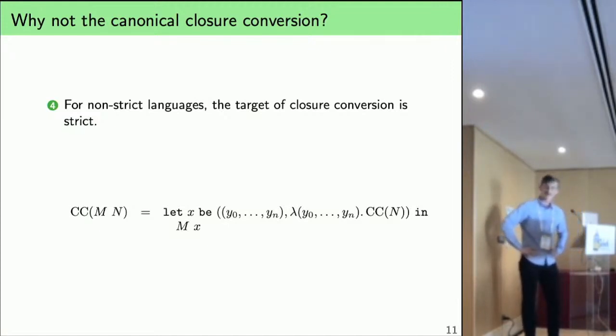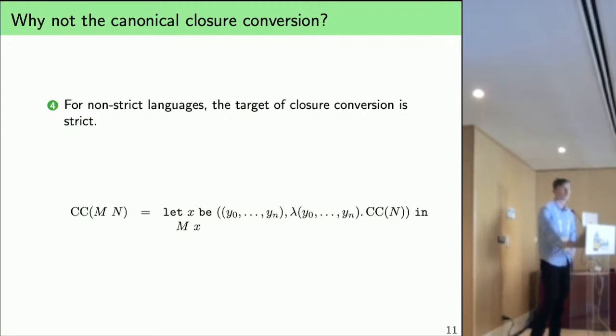In this case, this let expression needs to be strict if in our C-like semantics, we're going to actually look up the variables, the free variables y0 through yn at runtime before constructing an object. The story is even worse for memoizing languages where the target ends up needing mutation because you evaluate the closure at most once. So you need to have mutation in your closure conversion transformation.